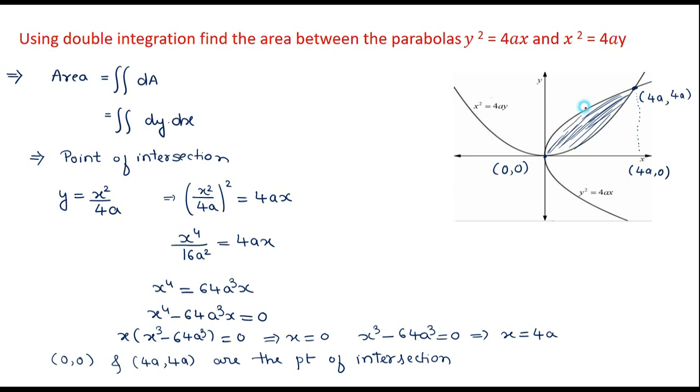If you take x as a constant, take a vertical strip PQ. On the vertical strip, find the value of y, because here we are going to consider y as a variable. The y at the point P is given by x square by 4a, and the y at Q is given by root of 4ax.